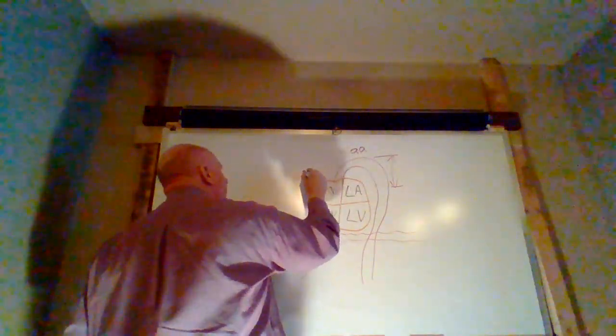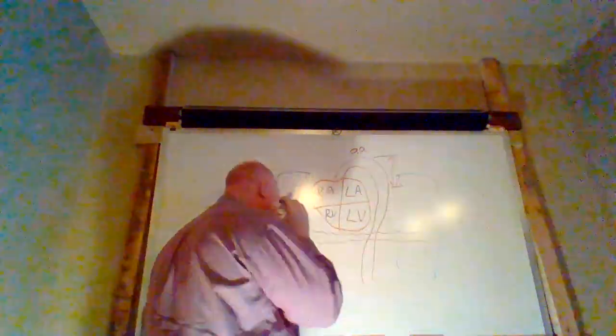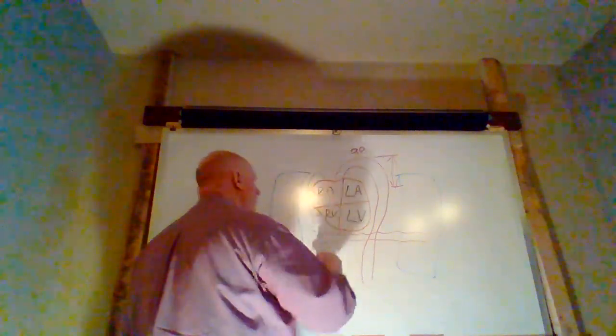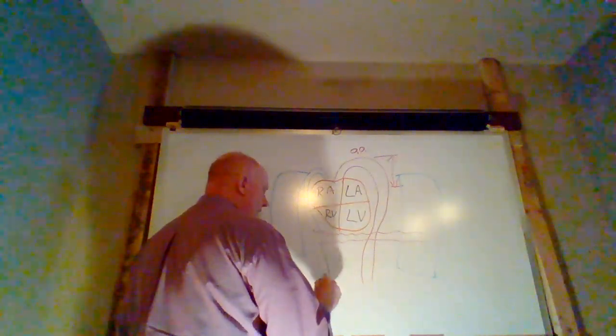Okay, and here you have a lung, then you have a lung on this side. Okay, and then you have blood coming back from the rest of the body, and that's going into your right atrium. And again, this is still part of the systemic circuit.